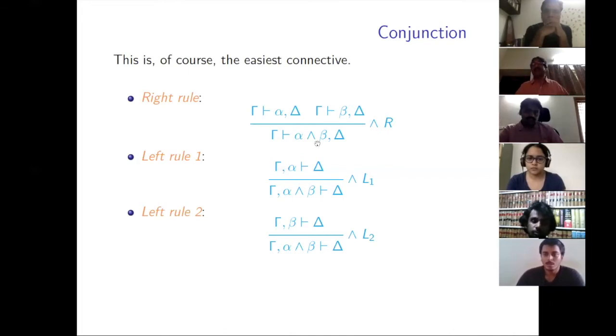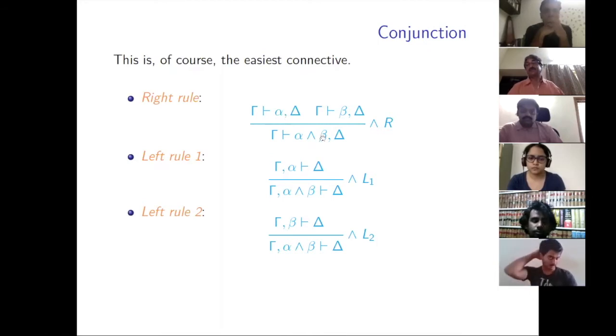Let's say it makes alpha false, but then you're going to get a contradiction, right? Because you know all of delta is false. So if the model satisfies gamma, it must make alpha true. So that's it. So this is the right hand rule.